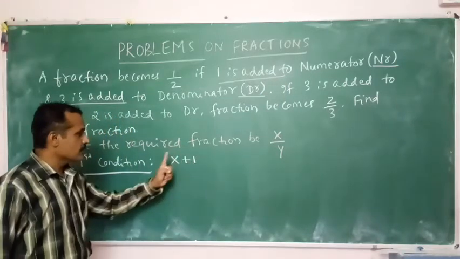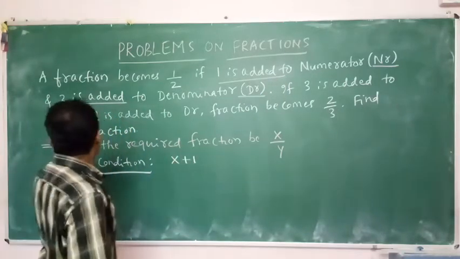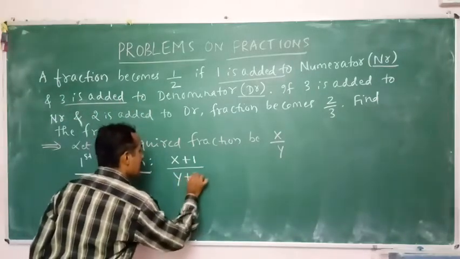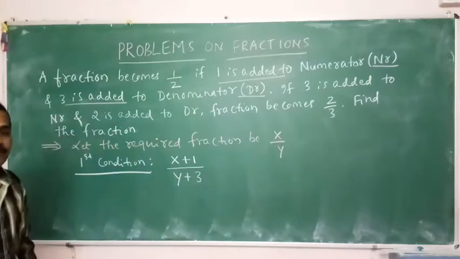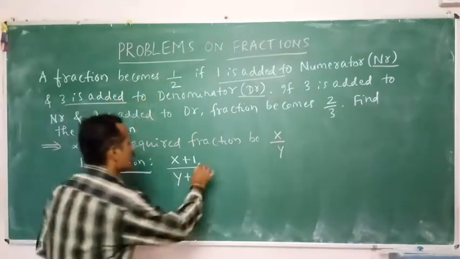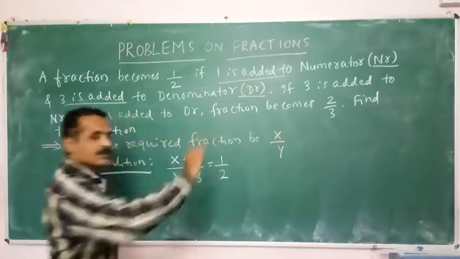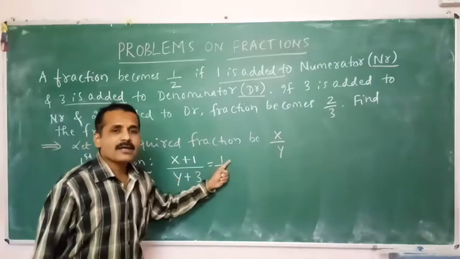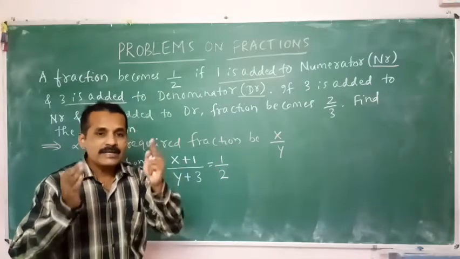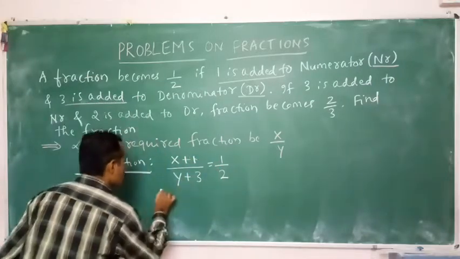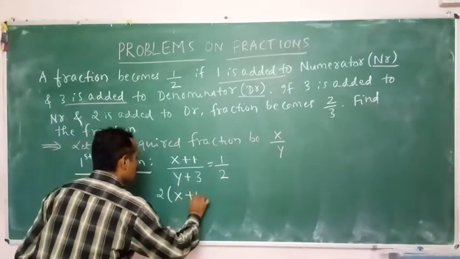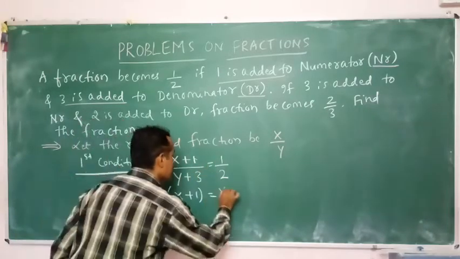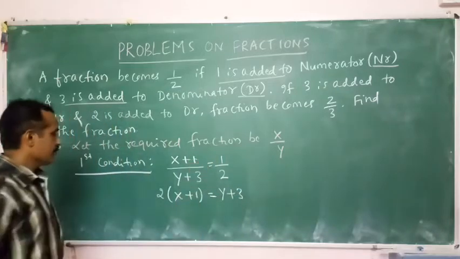1 is added to numerator and 3 is added to denominator. The fraction becomes 1 by 2. Let me cross multiply and form one equation. 2 into x plus 1 is equal to 1 into y plus 3, nothing but y plus 3.